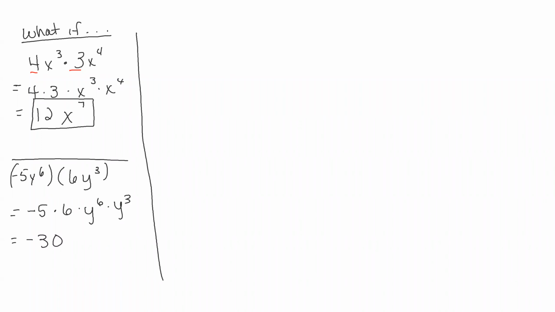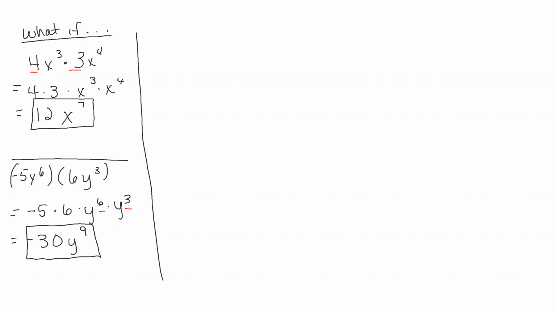And then y to the sixth times y to the third is, again, the product rule. The product rule happens when you're multiplying two separate terms that have the same base. You keep the base and you add those exponents. So I'm going to get 6 plus 3 is 9. So this simplifies to just negative 30 y to the 9th.